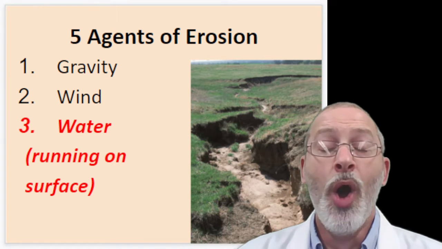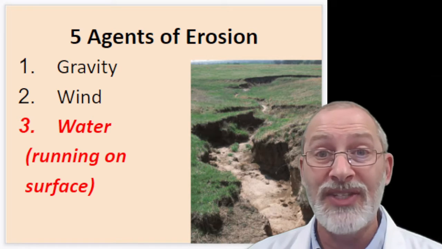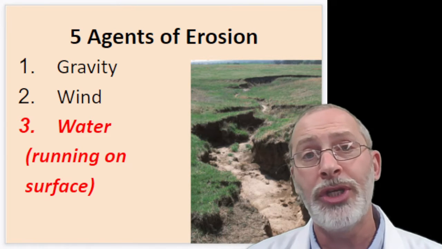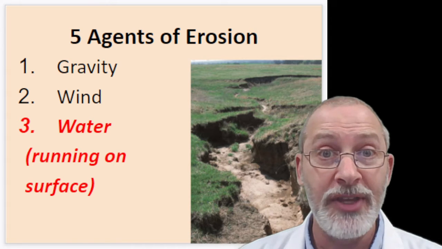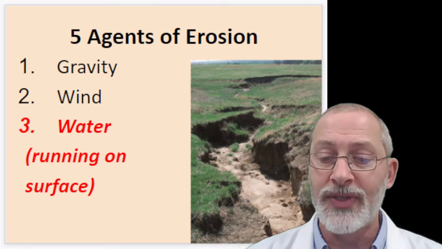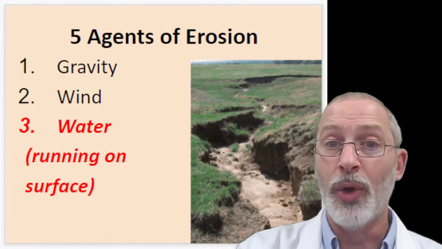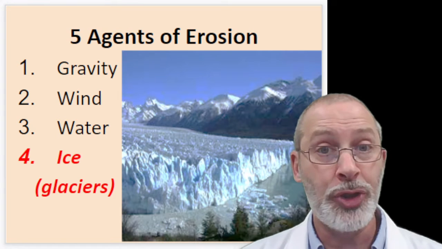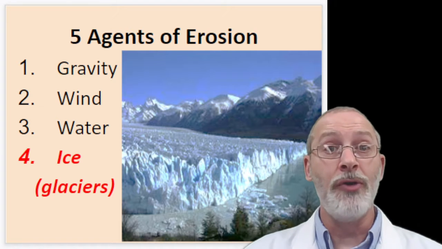Number 3, water. Perhaps one of the biggest, most recognizable agents of erosion. Water, as it runs along the surface of the ground, is one of the major agents of erosion. And in this case, we're talking about liquid water, in contrast to number 4, which is ice, which is also moving water.